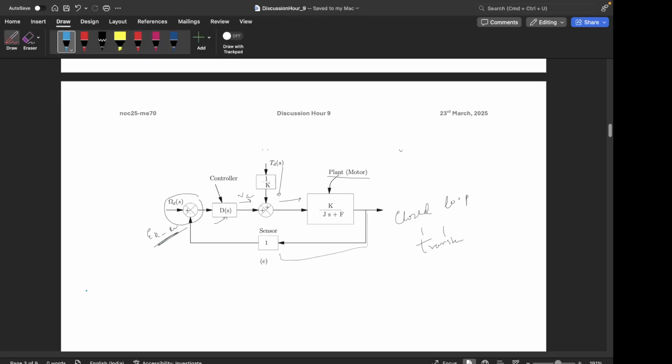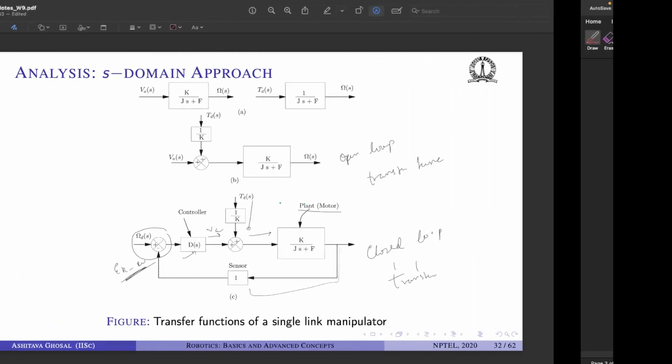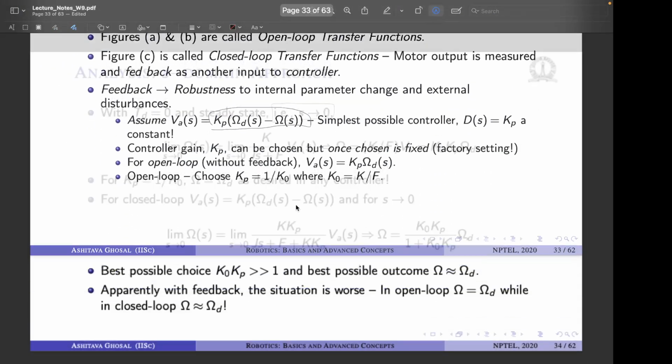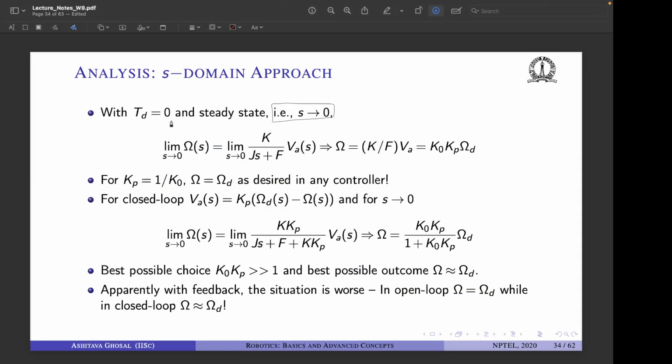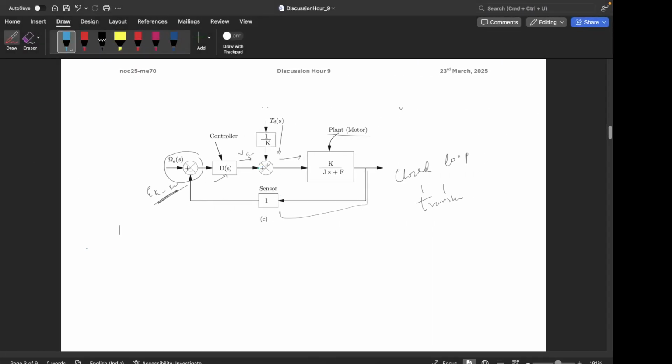Now again, if we keep TD as 0, then we can just directly add this.